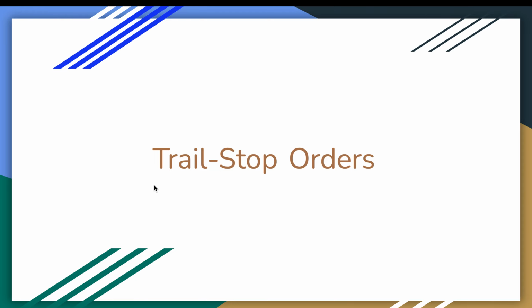It's just one where you need to have a set parameter that you're comfortable with, because it could stop you out sooner than you would want. You need to make sure you have a wide enough trail stop in place that you don't get stopped out on a small pullback that then turns around and causes you to lose additional money you could have made.